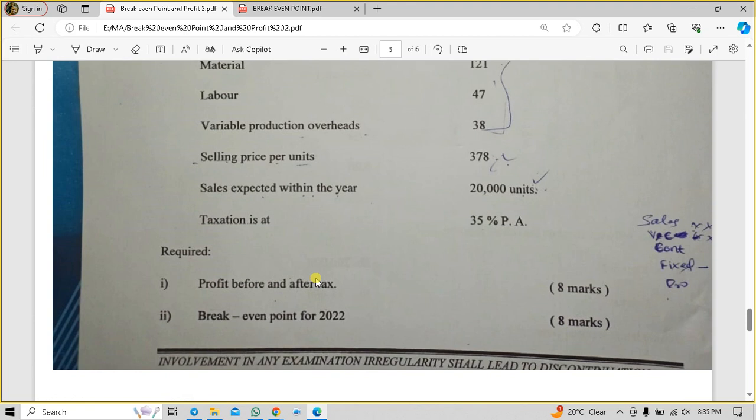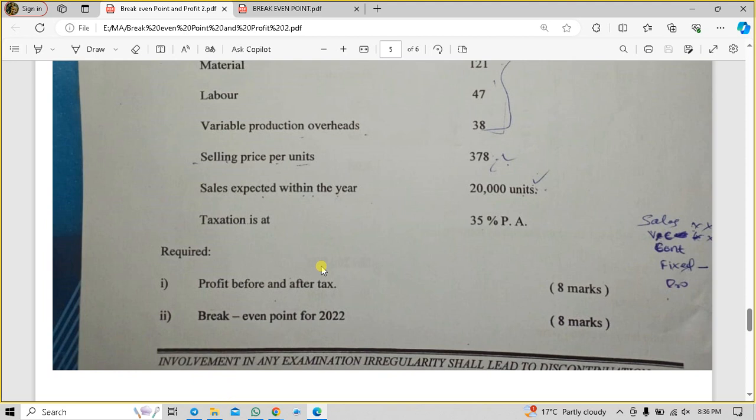Let me share the whole document kwa WhatsApp so that you can have it.